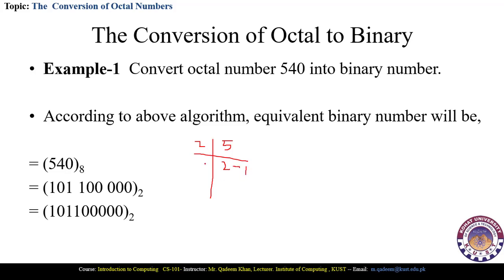Now divide this 2 by 2. We get 1 and the remainder is 0. So our equivalent binary, when we convert 5 into binary, we get 101.